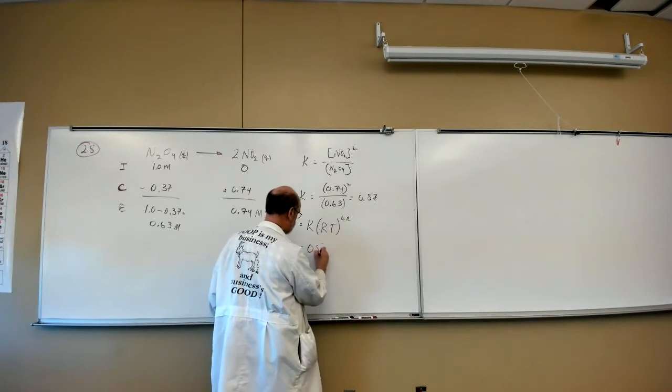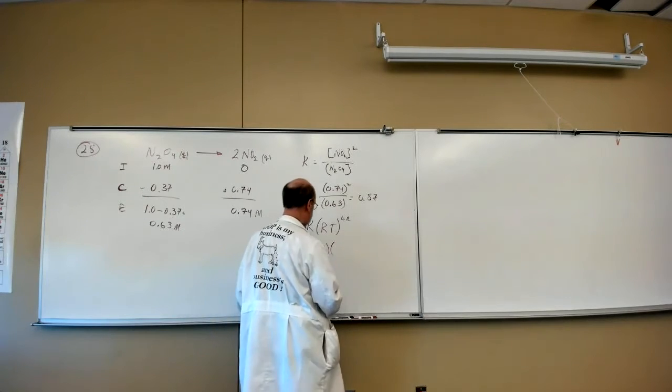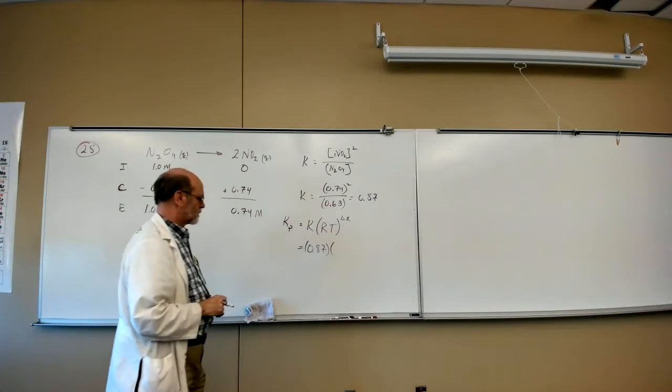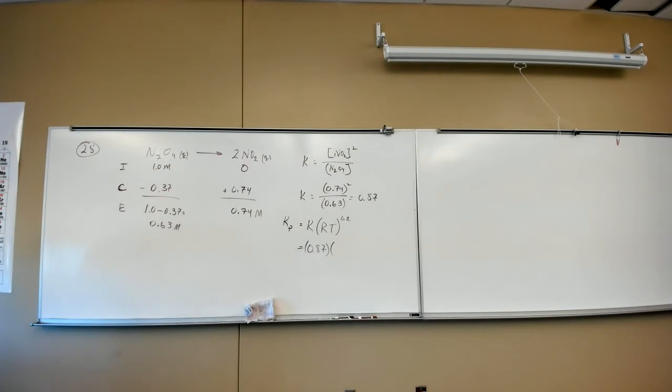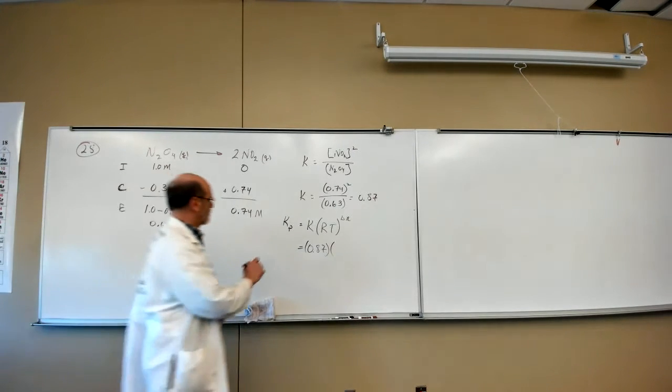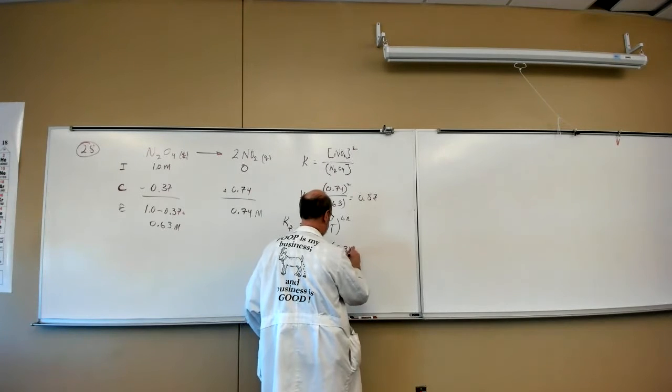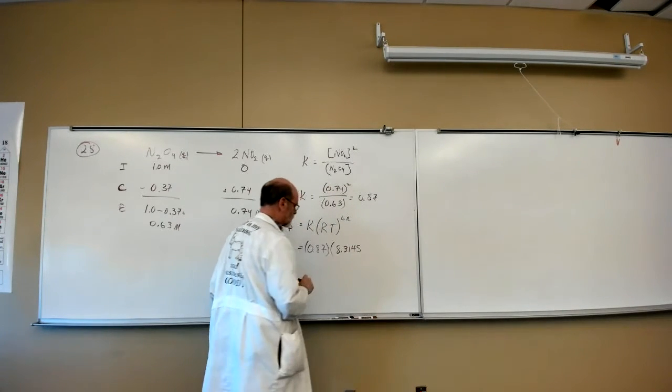So our K is 0.87. R is, I think R has to be, seems like the perfect gas. Yes, but I'm debating whether it's 0.08206 or 8.314. I think it's 8.3145. Why that one? Because it has the energy term in it.